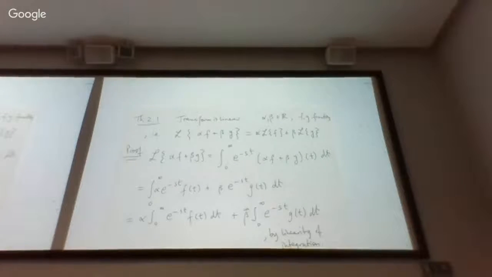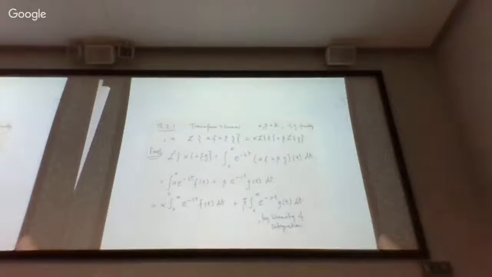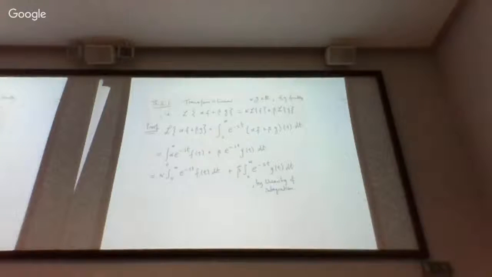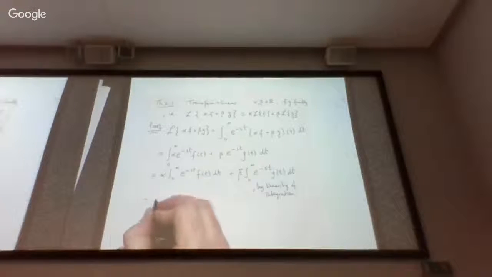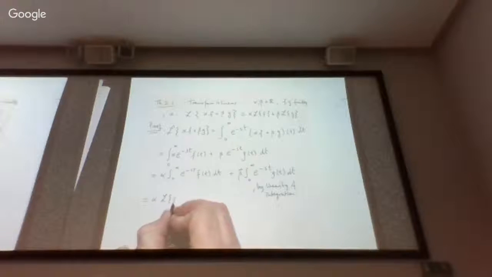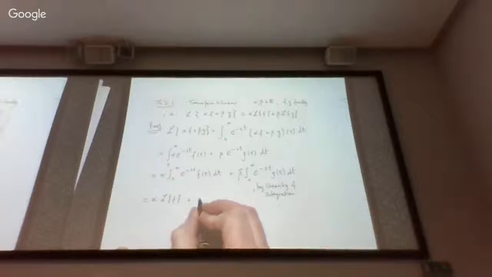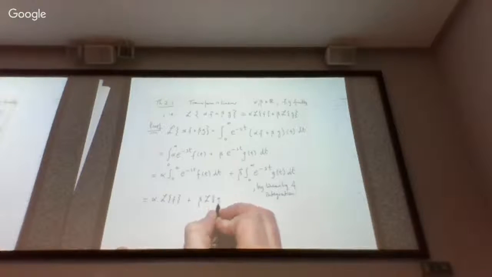We went through this argument before Christmas, but just having it here. So integration is linear, the transform is built out of integration, so the transform inherits that property of linearity. Because what you're looking at here is exactly alpha times the Laplace transform of f plus beta times the Laplace transform of g.